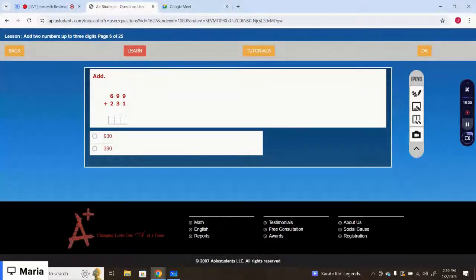The next one is 699 plus 231. So which is the correct option?